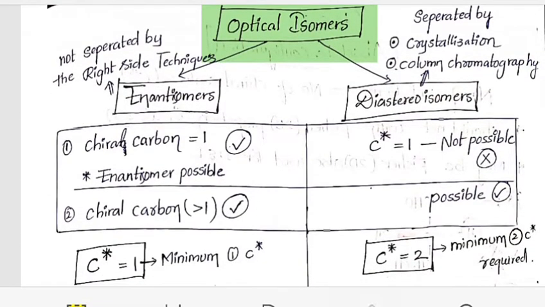Here we have a look at the optical isomers. Optical isomers are divided into enantiomers and diastereomers. Diastereomers can be separated by using crystallization and column chromatography, whereas enantiomers cannot be separated by these types of techniques.